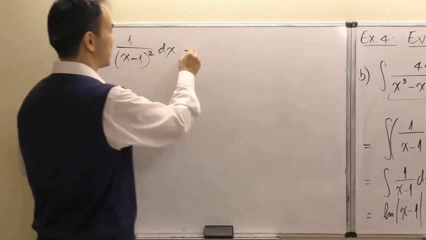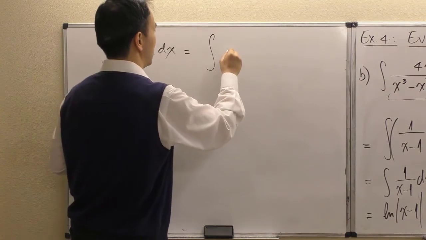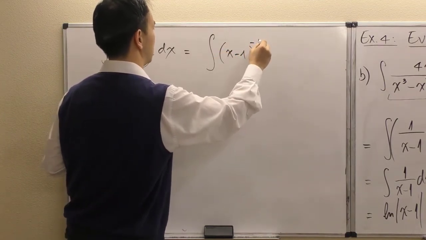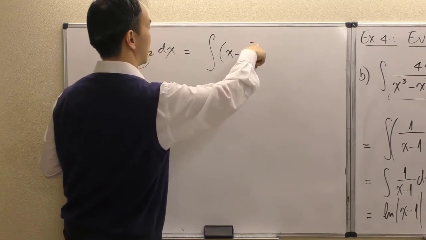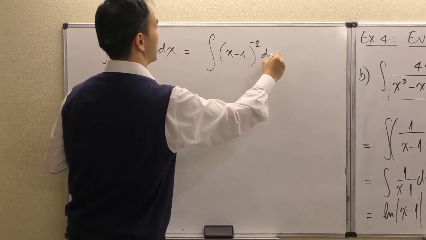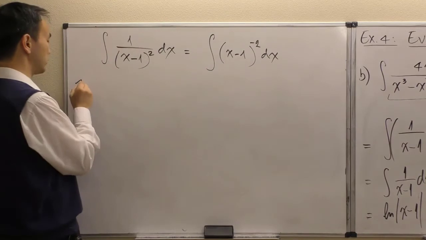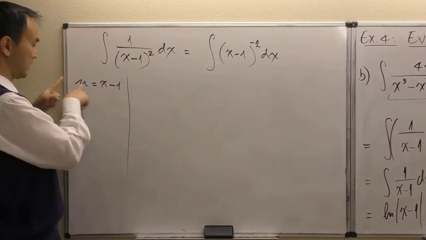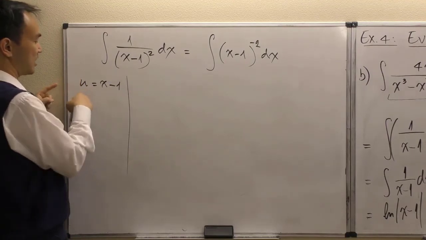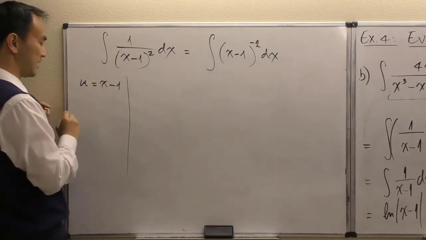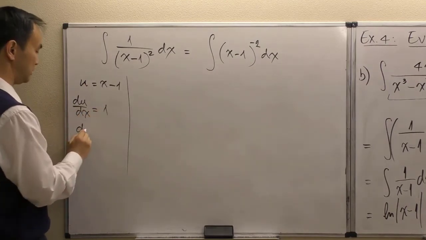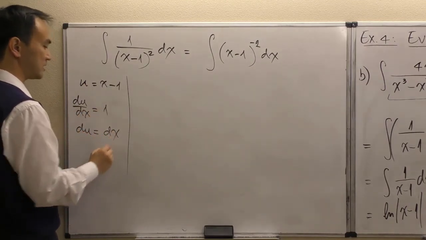This is regarded as x minus 1 in parentheses to the negative 2 power, dx. I'm going to make a u substitution: u equals x minus 1. After making that substitution, du/dx equals 1, or du equals dx.